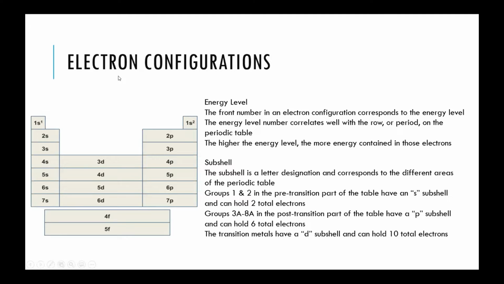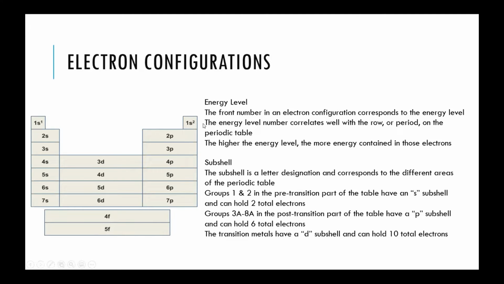When you're writing out electron configurations, the number out front is the energy level, and all of this can be based on where the element is in the periodic table. In the case of hydrogen, it is in the first energy level, which is just based on the period in the periodic table.